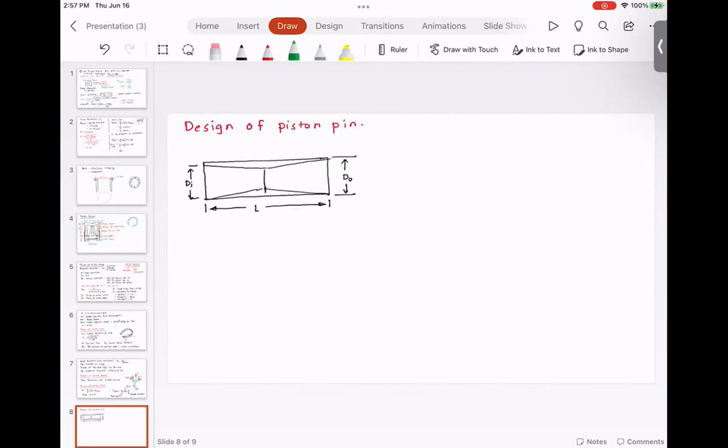So if you look at the piston pin, the piston is here. This is where the pin sits. So this is the pin.